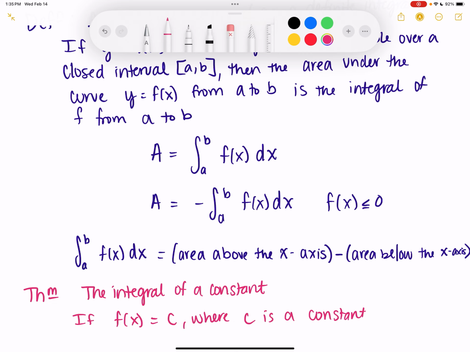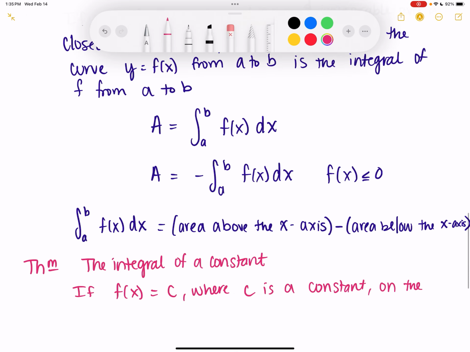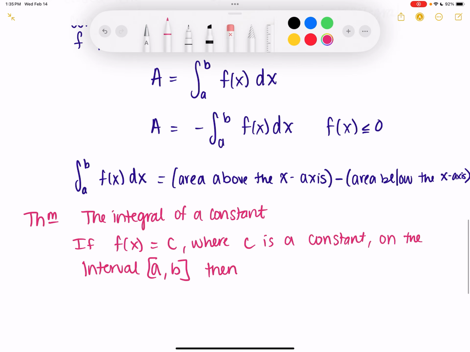Okay, it's a constant number on the interval A to B. Then the integral from A to B of f of x dx is equal to the integral from A to B of c dx, which is equal to c times b minus a.